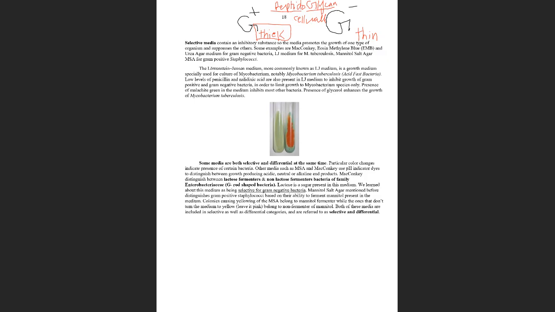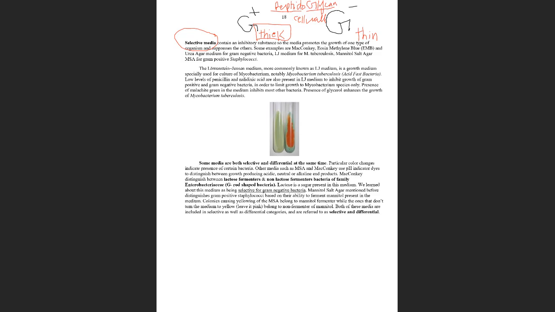So let's say you got a patient sample and you want to see if your patient has a gram-negative pathogen in it. You don't care about gram-positive because you know a lot of bacteria present in that patient's body site are gram-positive. They're normal flora. You only want to see if it has some gram-negative bacteria. So instead of having to deal with so many different types of bacteria from that clinical specimen, you can use a selective medium, and that medium could be selective for gram-negative.